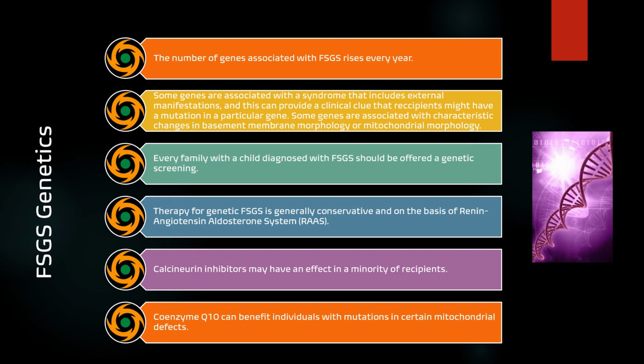Therapy and genetics in the context of therapy. Therapy for genetic FSGS is generally conservative, on the basis of renin-angiotensin-aldosterone system antagonism, and calcineurin inhibitors can have an effect in selected recipients with a genetic basis for FSGS.